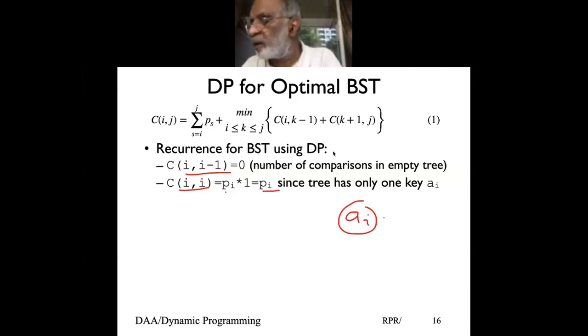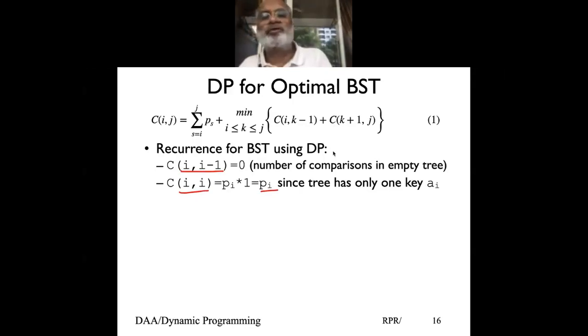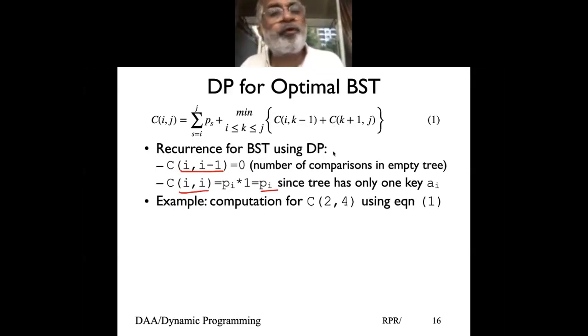So two things we'll make use of are C(i, i minus 1) is 0, and C(i, i) is Pi, and based on that we'll be able to sort it out. You have to focus a little bit on this because it may take a while to understand. So I recommend that after the lecture, you go through it again, practice it yourself, and then you'll be better off.